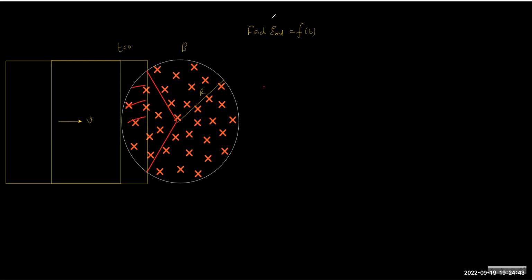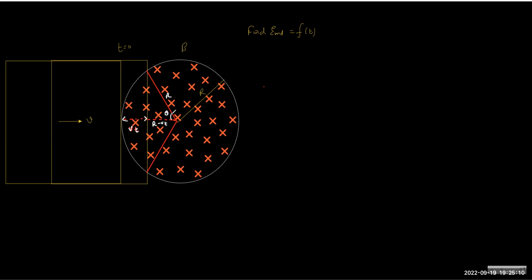So from the sector area, subtract the area of the triangle, you will get the answer. To find the sector area, this distance we know is vt. In time t, we will travel vt, right? So this is R minus vt, correct? This is R. Calling this theta.